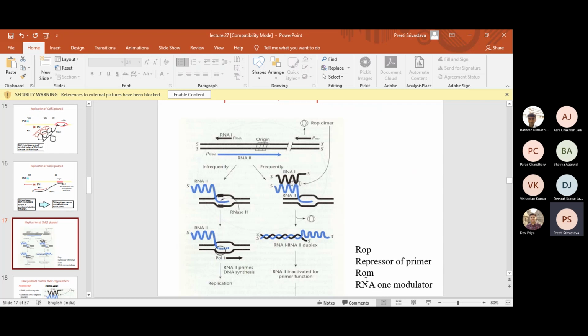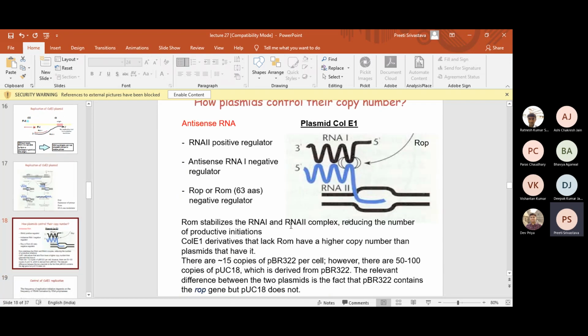This is also called ROM, which is RNA1 modulator. This repressor of primer or RNA1 modulator, ROP or ROM, is a 63 amino acid long protein, so it's a tiny protein, and this serves as a negative regulator.